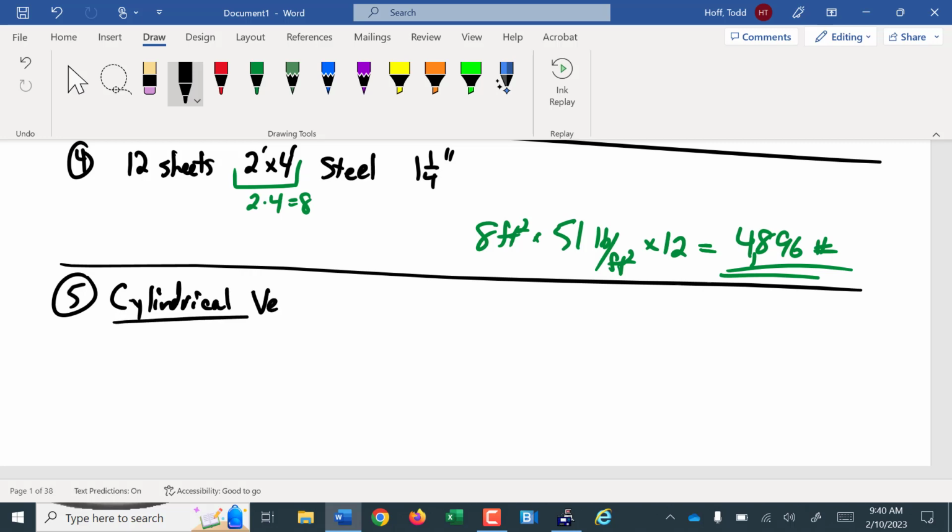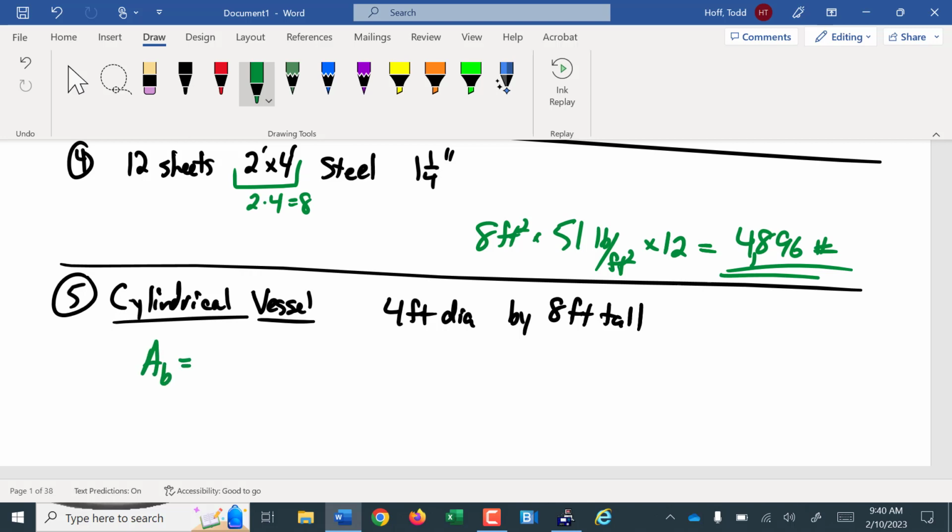Cylindrical vessel. To find the surface area, the vessel we have here is 4 foot diameter by 8 foot tall. So there's 2 pieces to this. We have the area of the bottom, which is just a circle. How do we find the area of a circle?